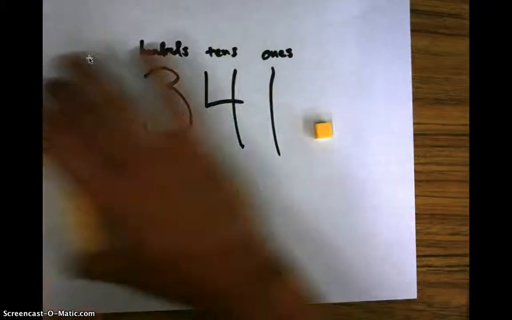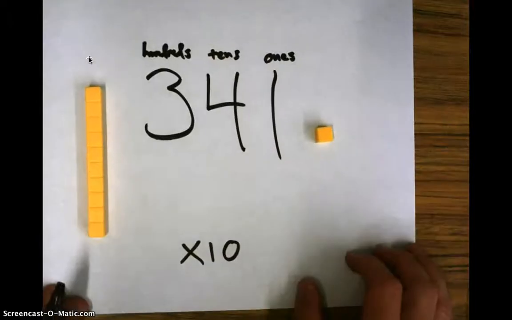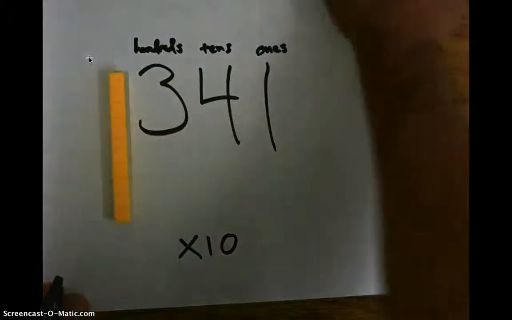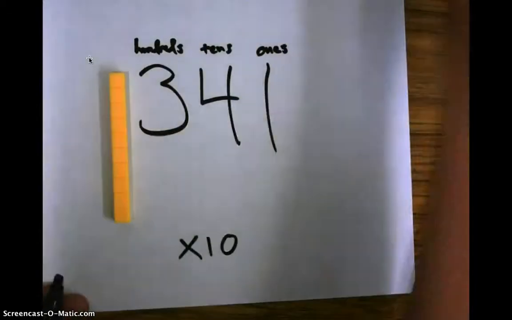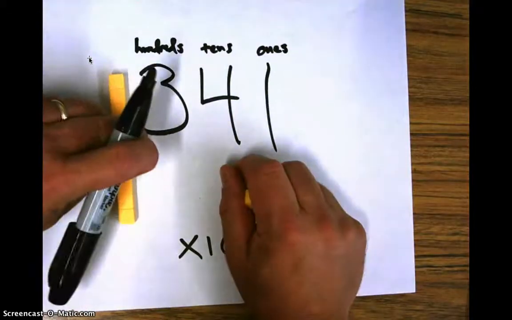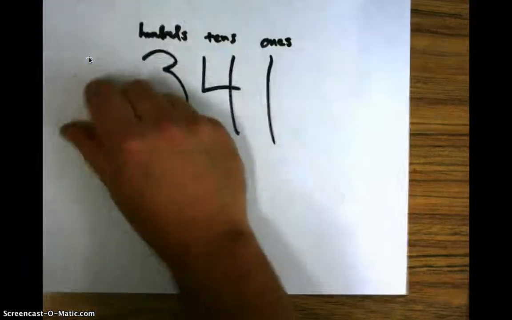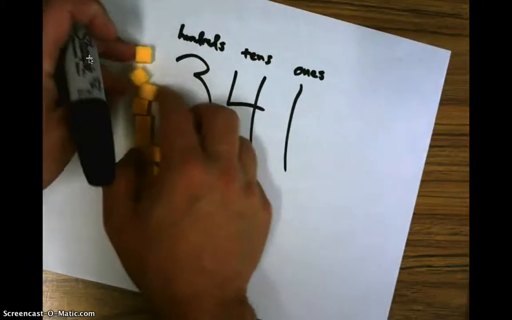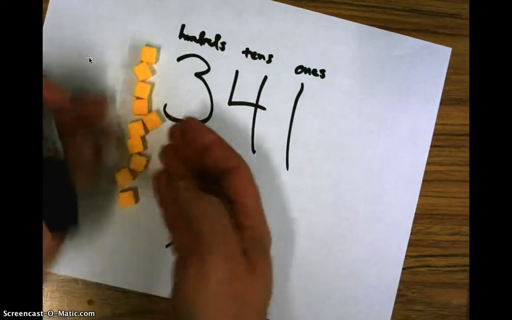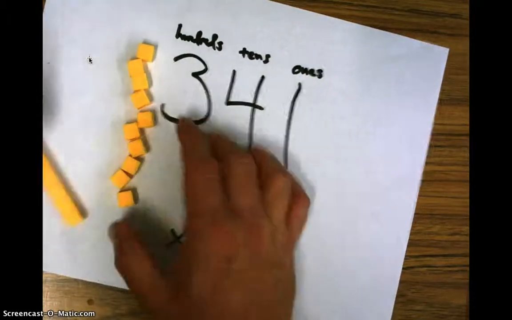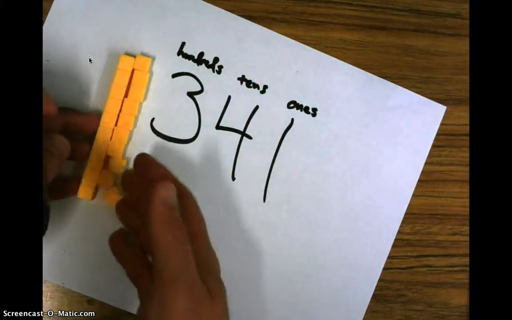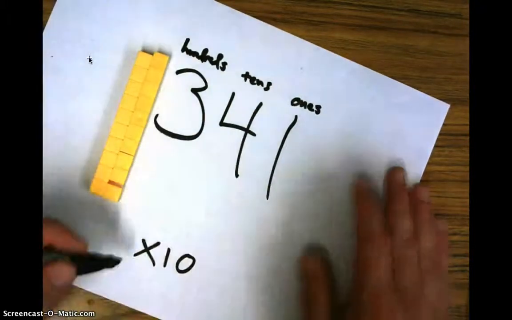Now, what if I want to go down though? So let's say I'm in my tens place. Here's 110, and I want to move down to my ones place. Well, I'm going to take that 10 and break it apart into 1/10 pieces. So what I've really done there is taken my 10 and multiplied by 1/10.